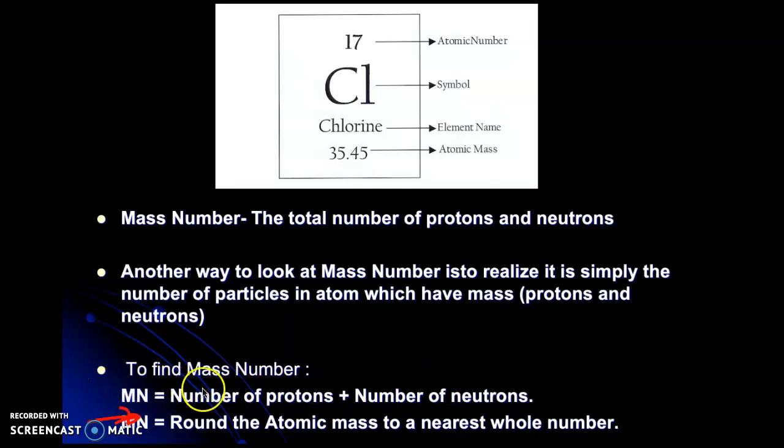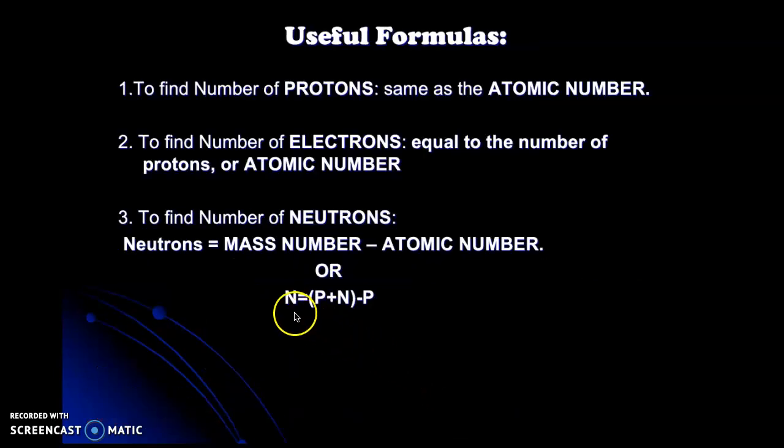Mass number is the number of protons plus the number of neutrons. Oh, that means in our math here that neutrons equals protons plus neutrons, the mass number, minus protons. So if you simplify the equation, neutrons equal neutrons. Okay, we're doing some nonsense math there, aren't we?